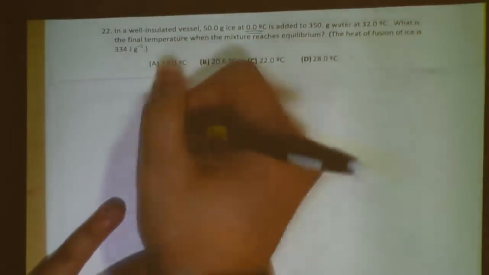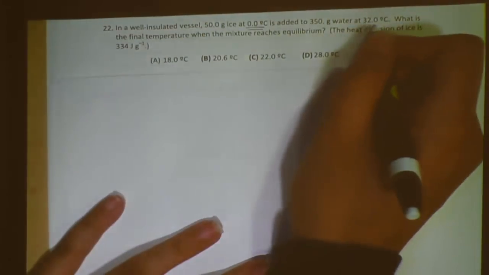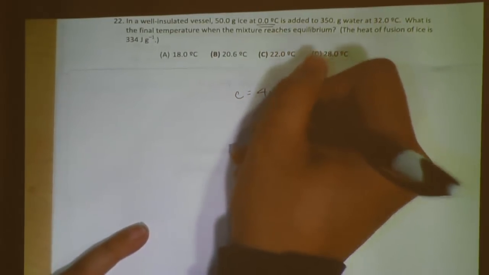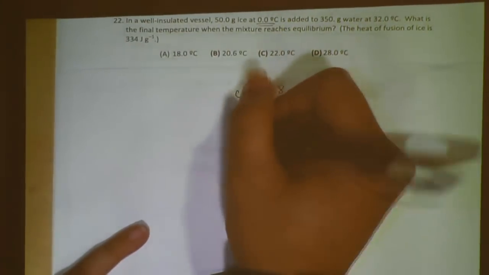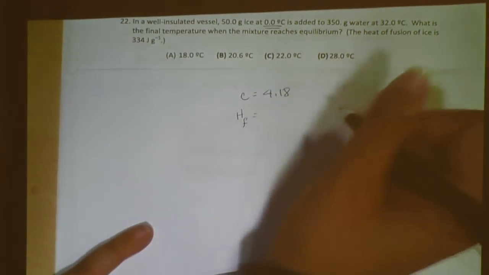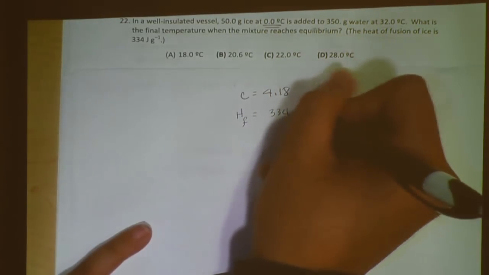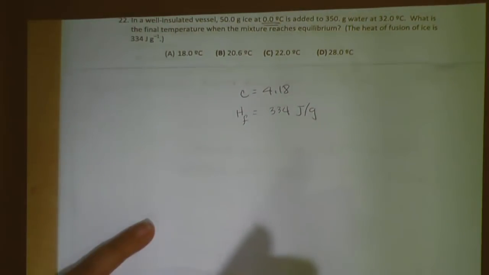Okay? So it's starting at 0 degrees Celsius, which is the melting point, and it reaches 32 degrees Celsius. So besides using C, which for water is 4.18, you're going to use the heat of fusion, which they give you, is 334. Okay?